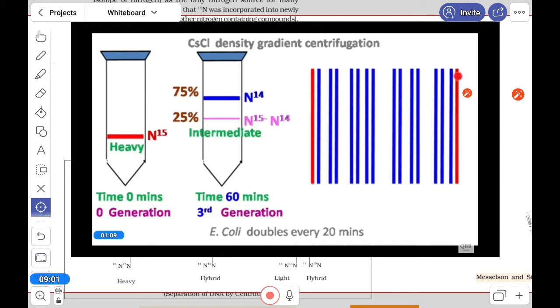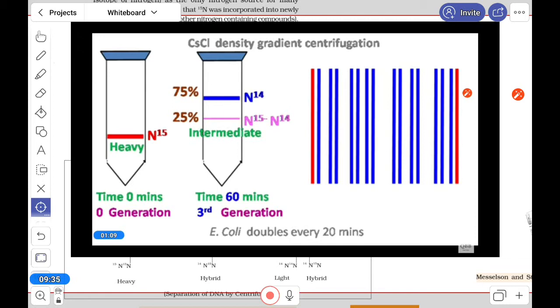Next, when we keep it in normal medium, one intermediate band appears. This indicates that it is semi-conservative. Look at the intermediate band. It means that one strand is heavy and another is light.